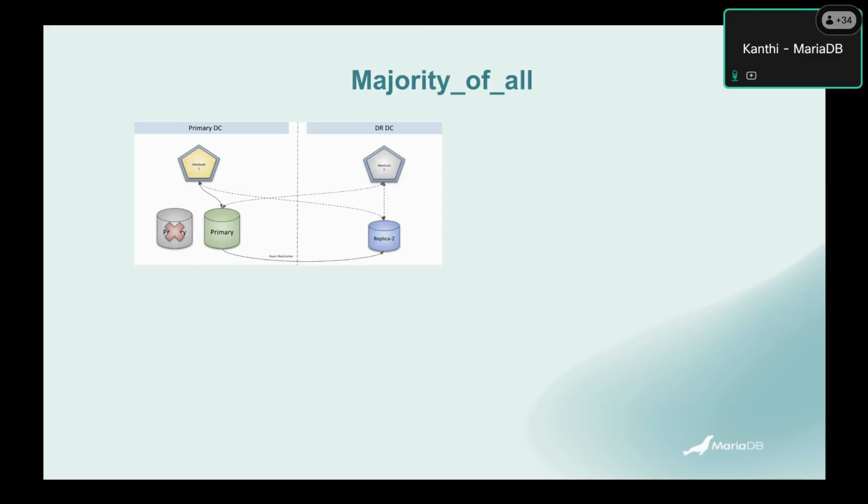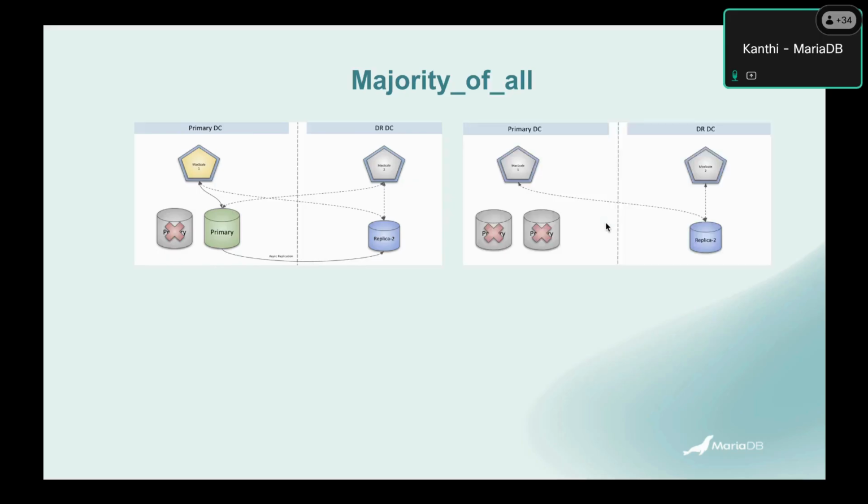So MaxScale 1 has access to 2 servers, one in DC and one in DR. So it has got 2 logs, right? So it has the authority to promote. So what it does, it promotes one of the replicas in DC, and the other MaxScale still works like passive.